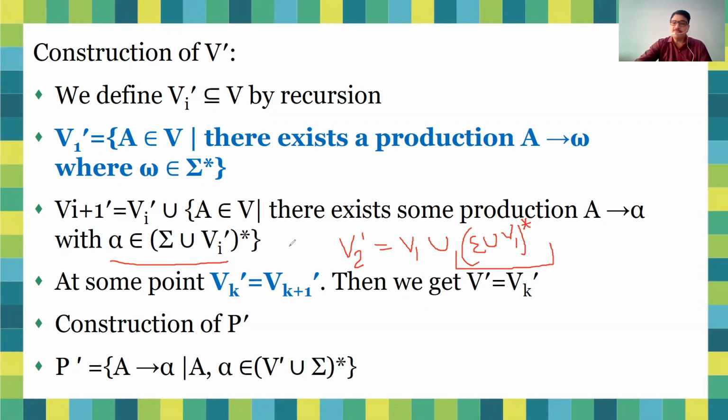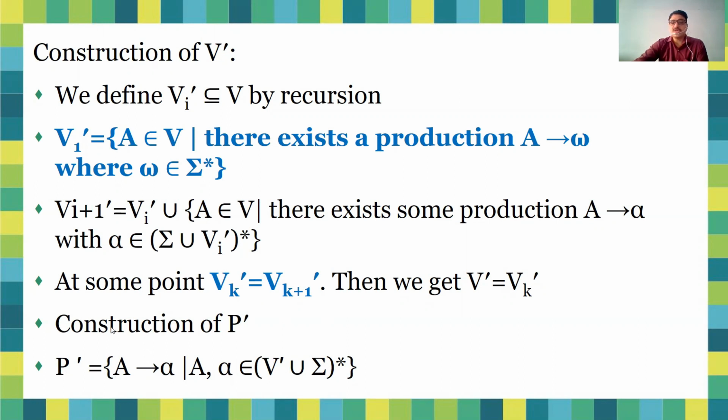So in this way, the same process will be executed till we find Vk' is equal to V(k+1)', right? And finally, we will write the construction of P', the new production rule set for that grammar, such that P' is A to alpha, where A and alpha belong to (V' union terminal) whole star, meaning all the variables in the set and all combinations of terminals.